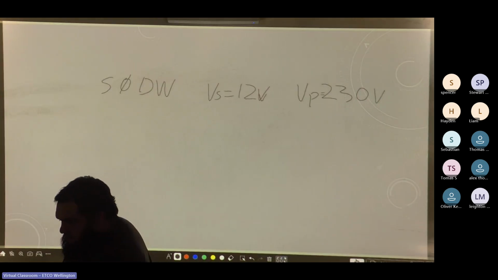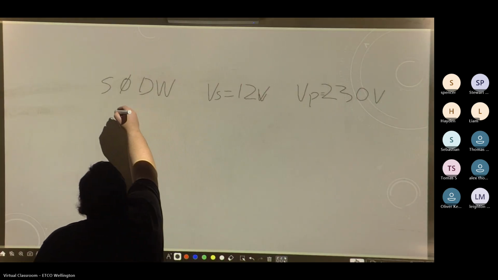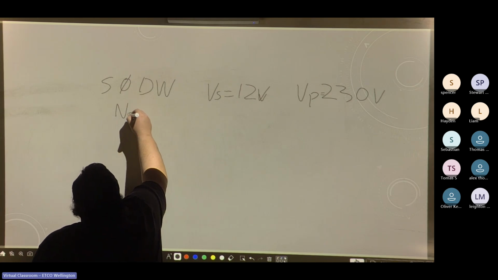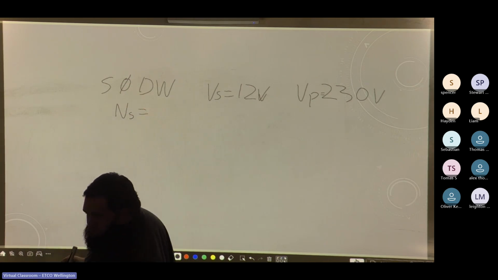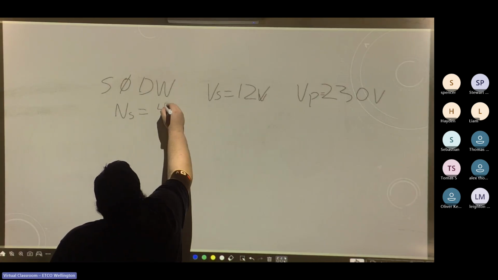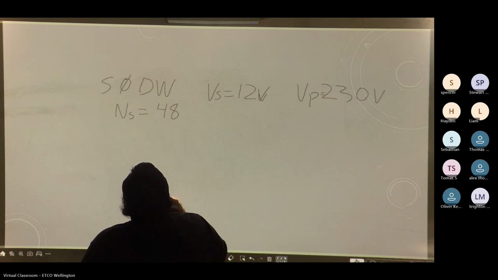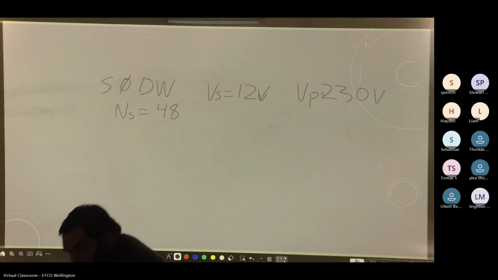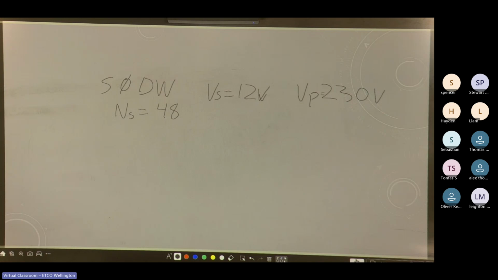And we know that the NS is 48 turns. Cool. Have a go at that one, and then we'll go through it. Yeah, we're looking for the NP.